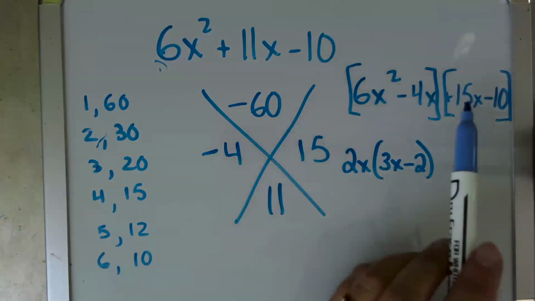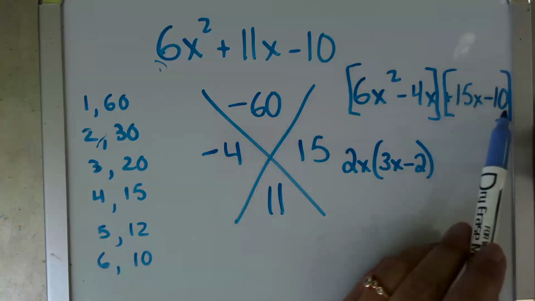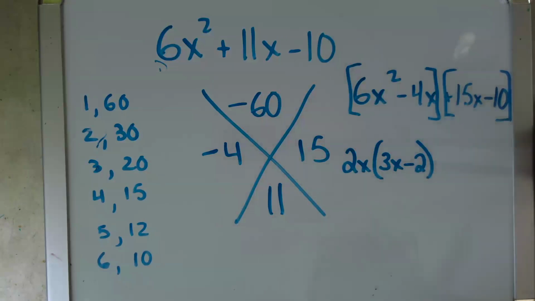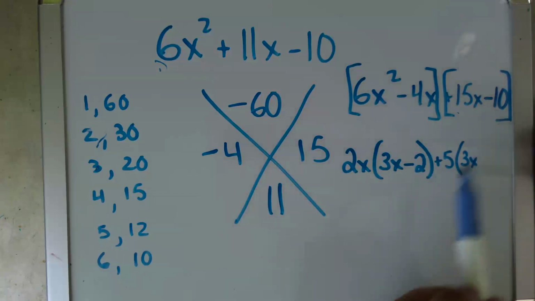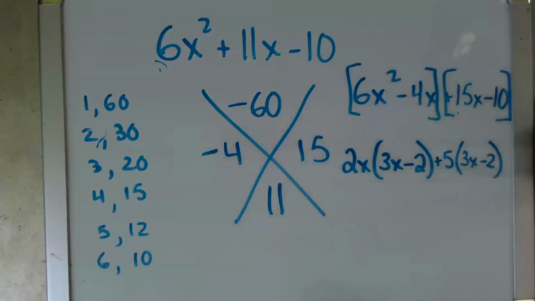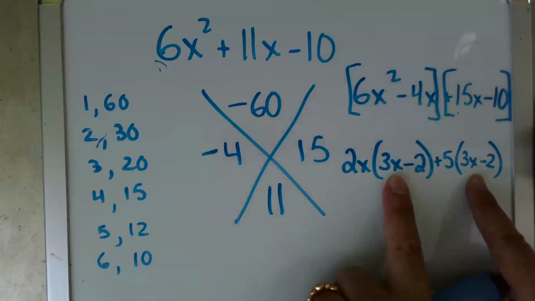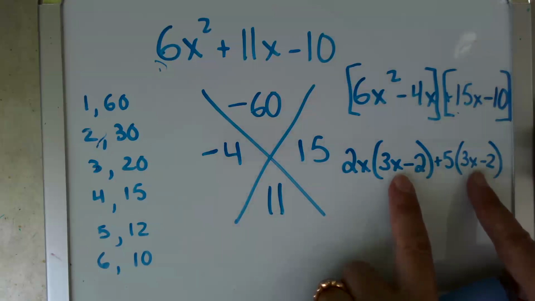Now I'm going to look here: 15x and a minus 10. What's common to both of those is a 5. I pull that out. What remains of my first term when I divide out a 5 is, that's right, 3x. And what remains of my second term when I divide out a 5 is negative 2. Now what's inside the parentheses is the same. Great. If it's not, you either did something wrong or this isn't factorable by grouping.